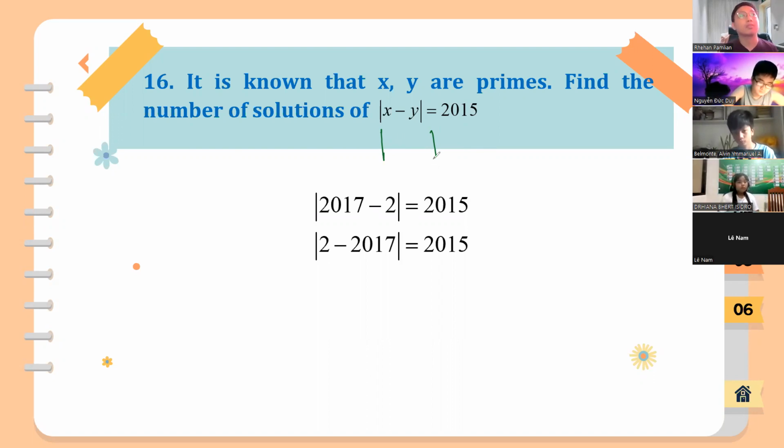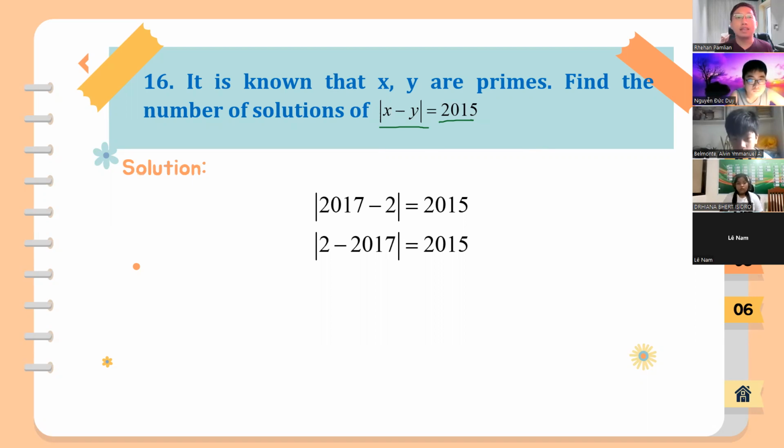That's the absolute value concept. Now, in this case, we know that the difference of x and y is 2015. Because x and y can be interchanged. Why can they be interchanged? Because they are in the absolute value.